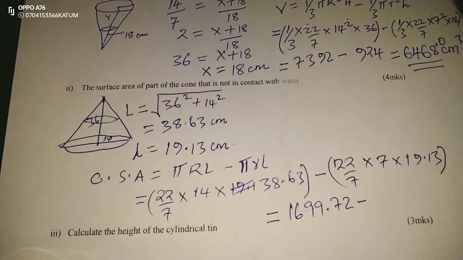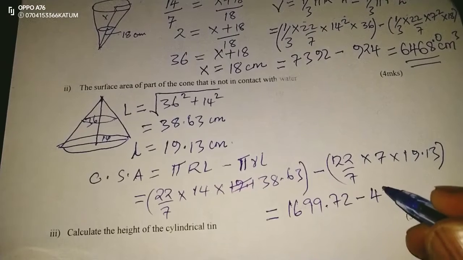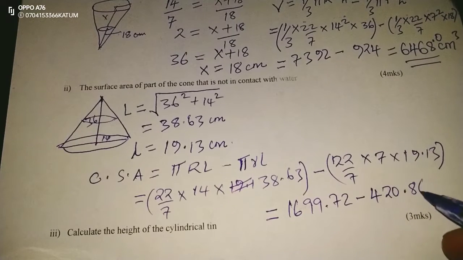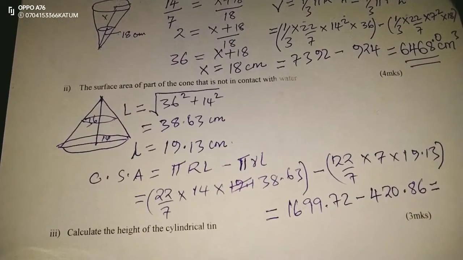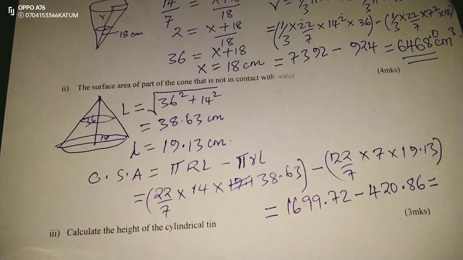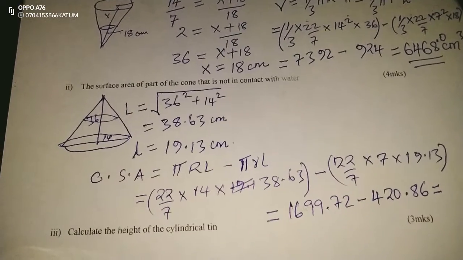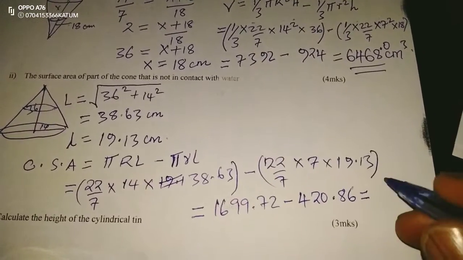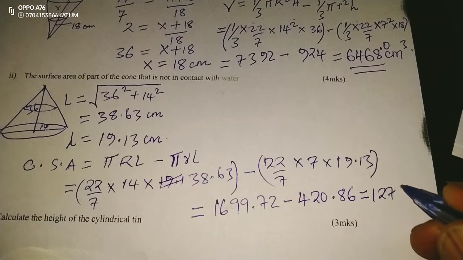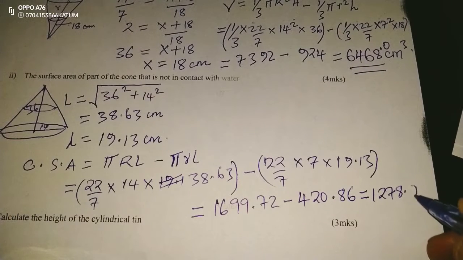This becomes 420.86. So when I subtract the value there from 1699.72, I'm getting 1278.9 square centimeters, because now we are on area.